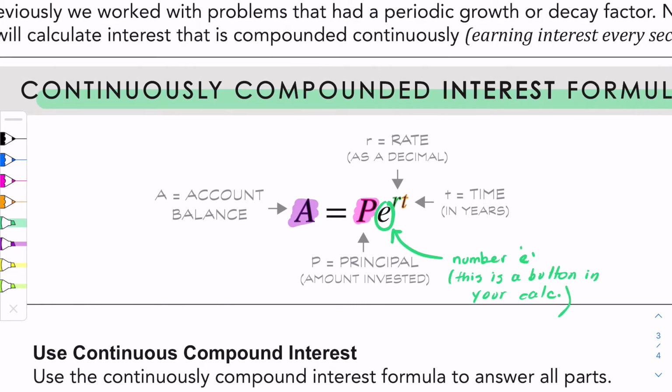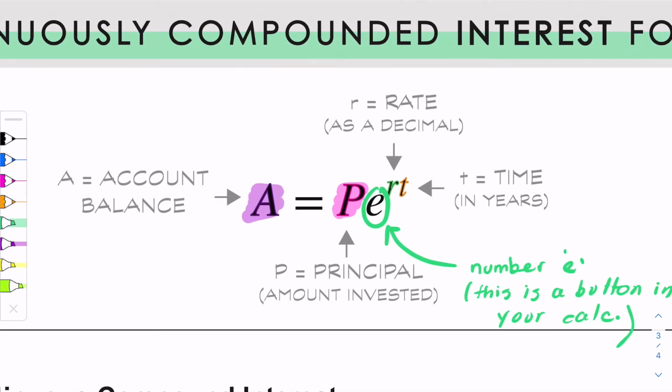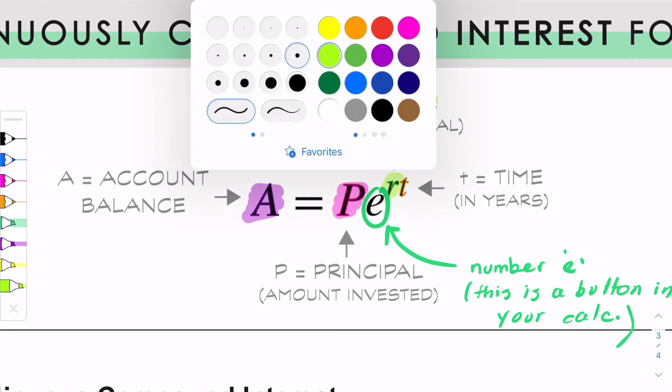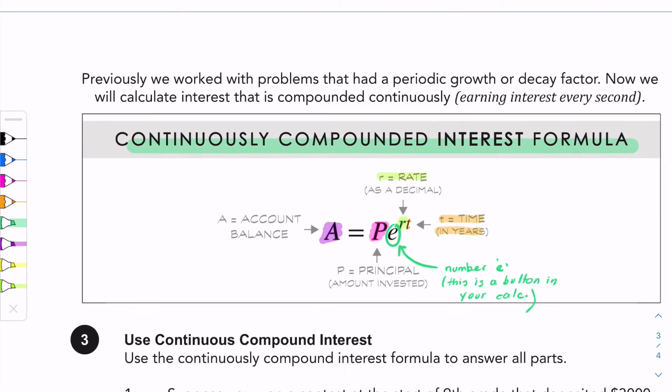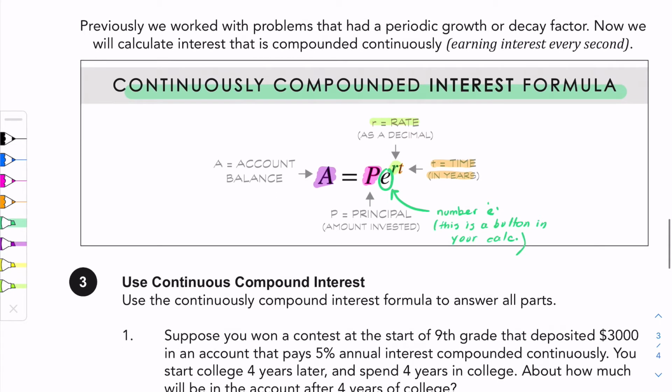So that's not a value that we're substituting anything in for. That is literally a button in your calculator. This is going to be raised to the power of your rate multiplied by the time in years. Again, if you are given the time in months, you need to convert that to a decimal in years. So I'll show you where the number E is in the calculator once we go over a couple of these problems.